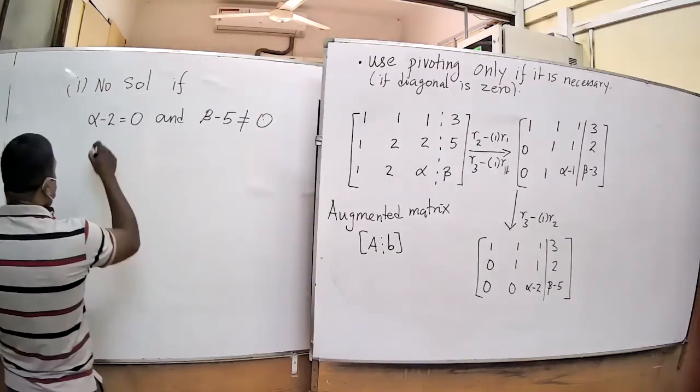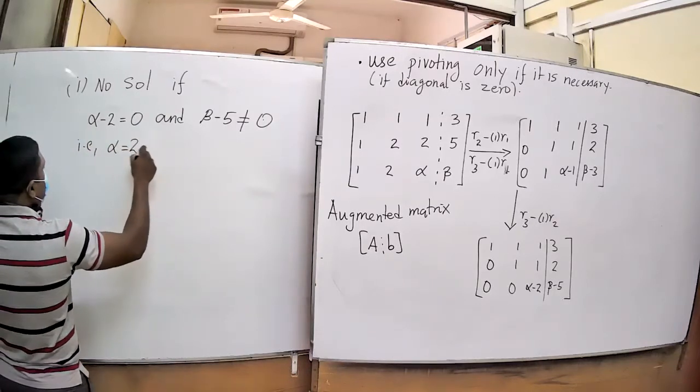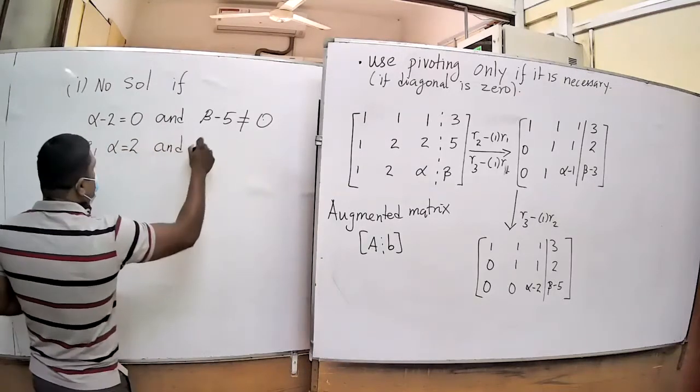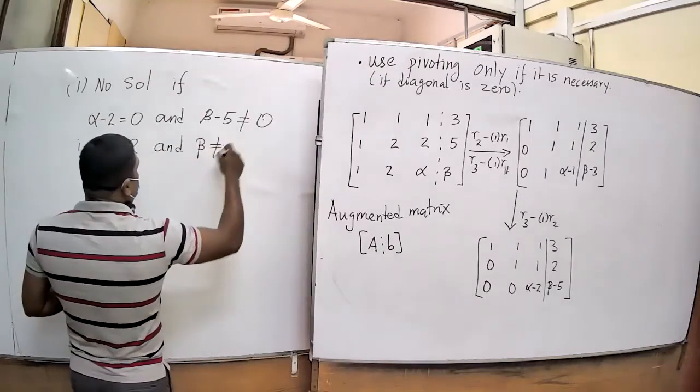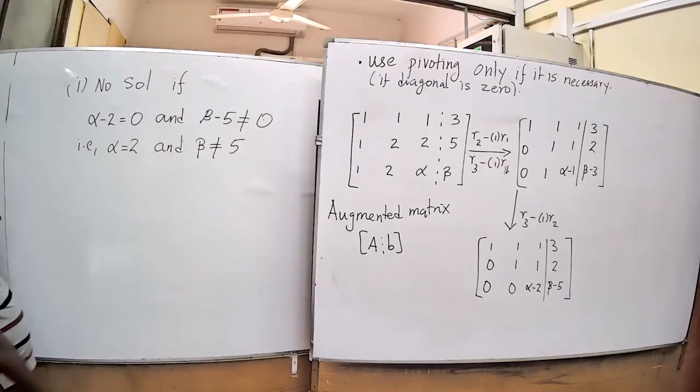So that is alpha should be equal to 2 and beta cannot be equal to 5.